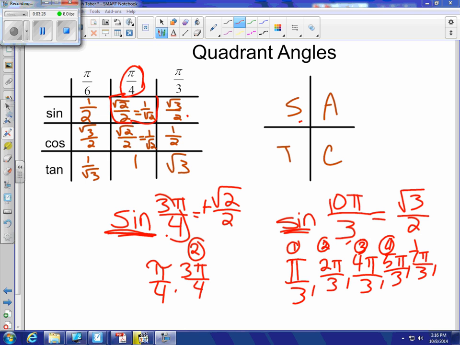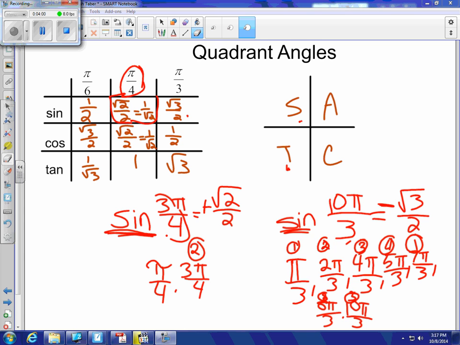Well, now it's going to start over. We're back at our first quadrant. Then we have 8 pi over 3, our second quadrant. Again, not 9 pi over 3, right? 9 pi over 3 simplifies. So 10 pi over 3, which is our third quadrant. So what does that tell us? Tangent is positive there, so that means sine and cosine are negative.